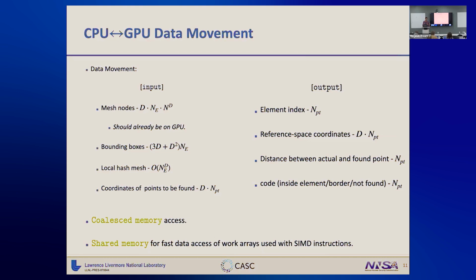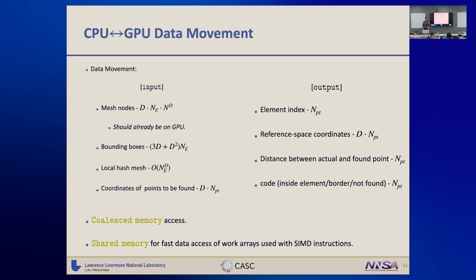So first of all, there might be some data movement. You have your mesh nodes that might already be on GPU. If they're not, you're going to move them there. You have the local bounding boxes, which help you give the list of elements that are possible candidates for a given point. You have some information related to this local hash mesh, and then the coordinates of points to be found.